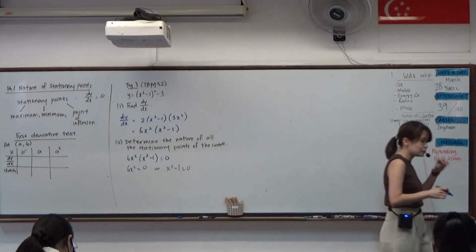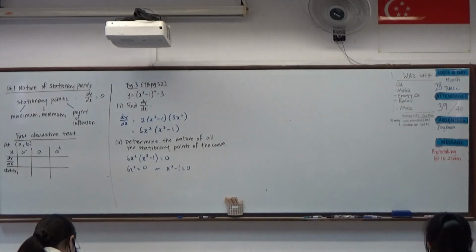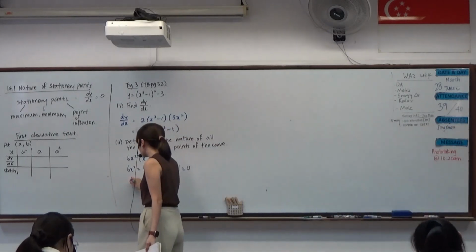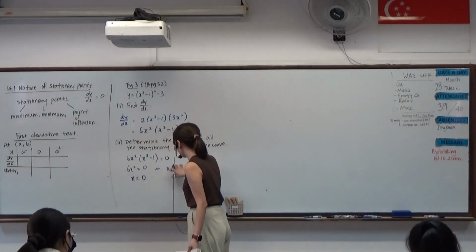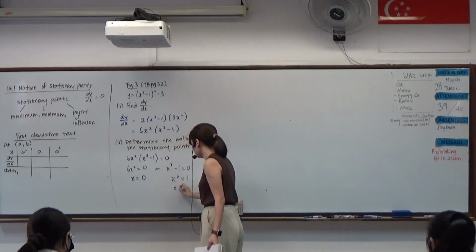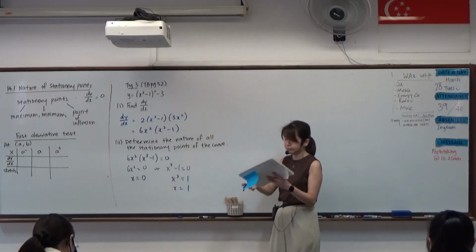That's your zero product. Such that you will realize that x is equal to 0 here. Otherwise, x cubed equals 1 and x equals 1 itself.